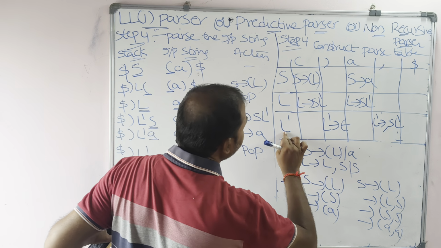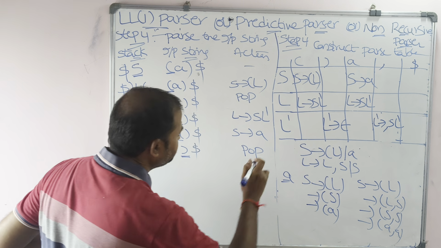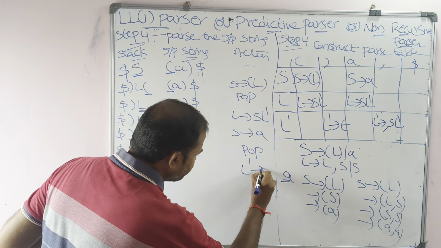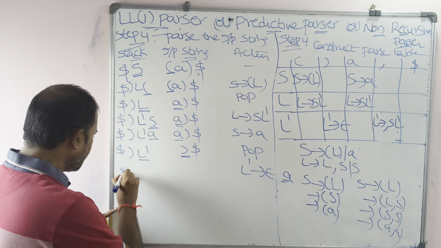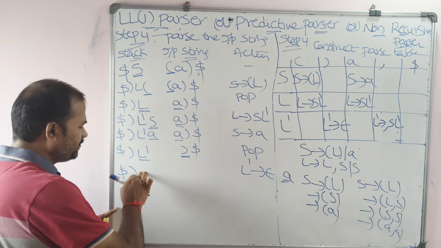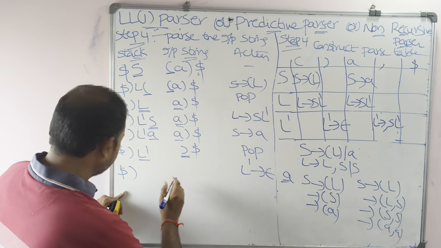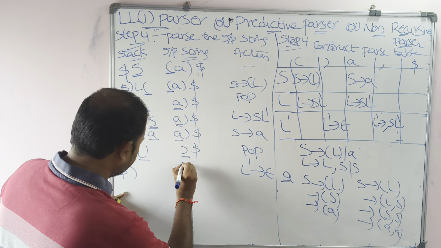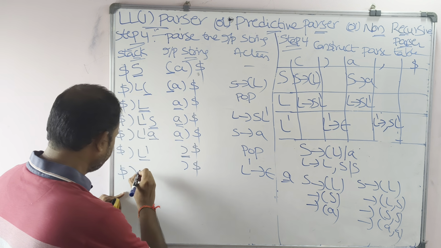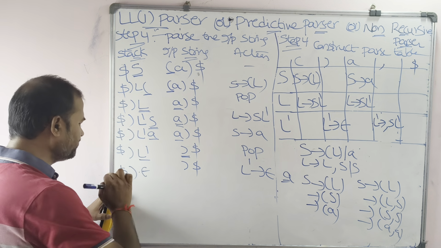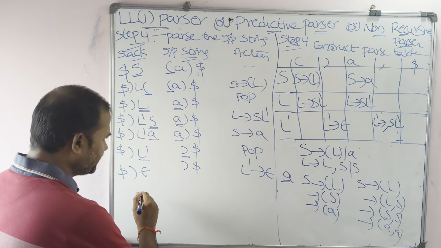So the action is L dash produces epsilon. So replace L dash by epsilon, which is nothing. Then we will get this right parenthesis only.